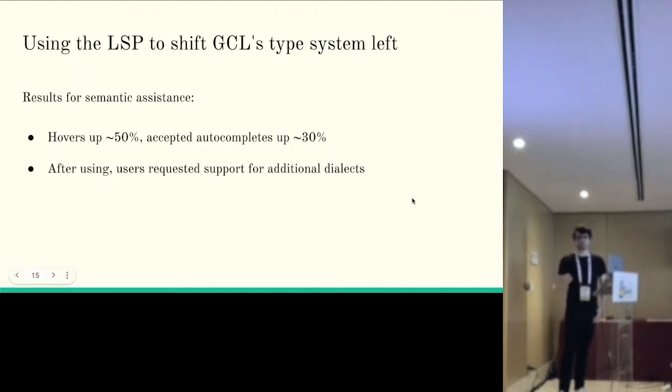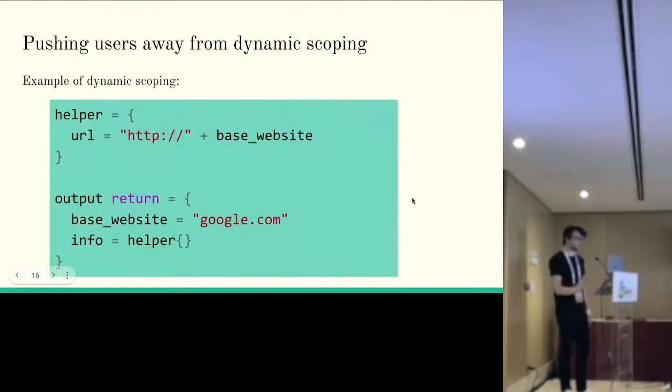And autocomplete acceptances went up by 30%, which leads one to believe that these are helpful suggestions to the users and helpful information that we're providing. And after using them for certain dialects, users started pouring in requests for additional dialects that they use to have support in this system.